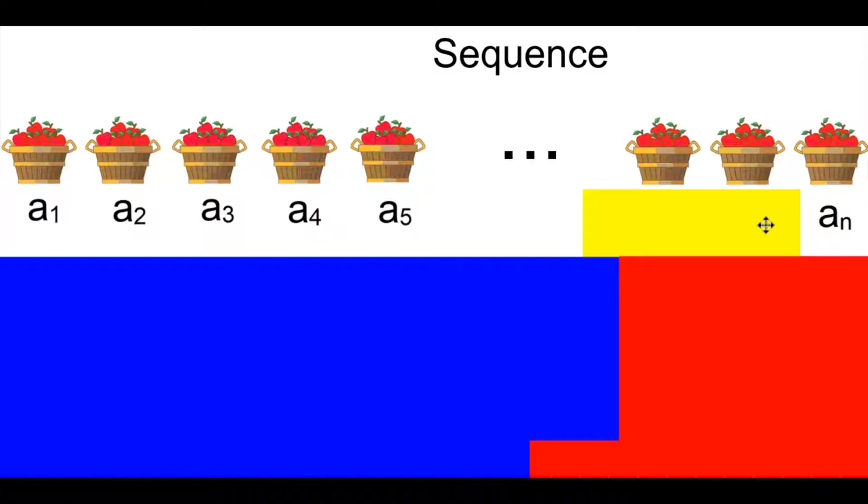So what about the bushel right before that? What comes before n? N minus 1. So think about it. If n was 20, then we're talking about the 20th bushel of apples. The one right before that, 20 minus 1, is 19. So what comes right before that?